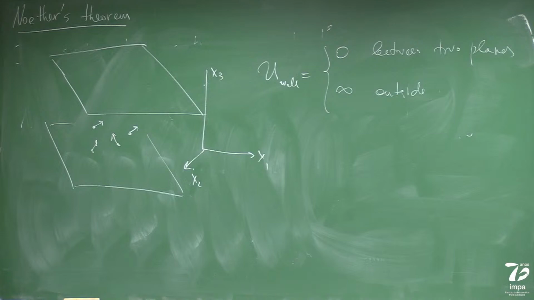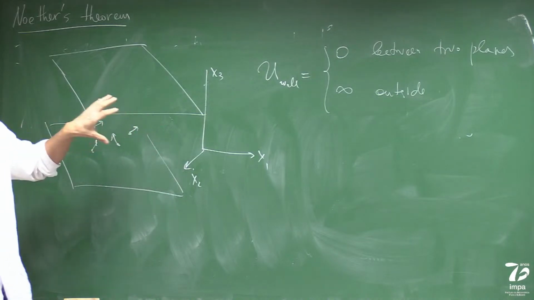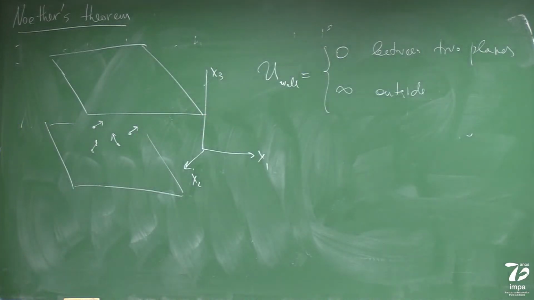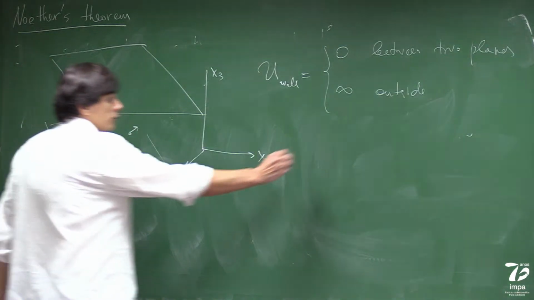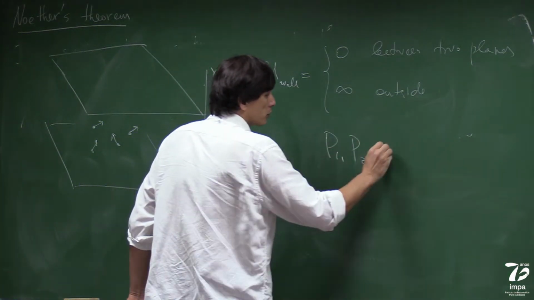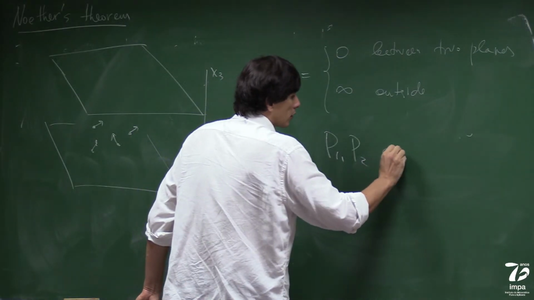So linear momentum is translational symmetry. So we should see with respect to which translations this potential is invariant, right? Yeah, so we have two components of momentum conserved.